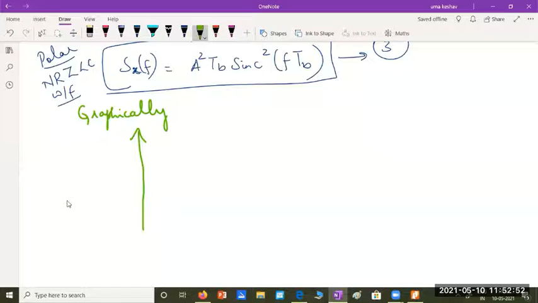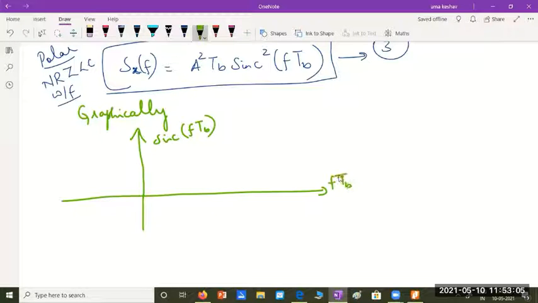Do you remember how a sinc function is represented? How do you represent a sinc function? Anybody? How is a sinc waveform represented? I'll take ftb as the axis.